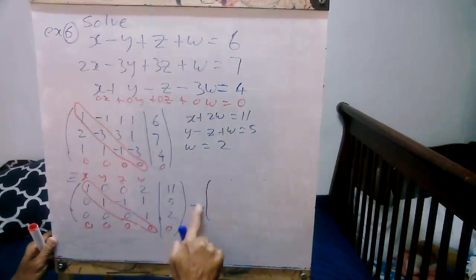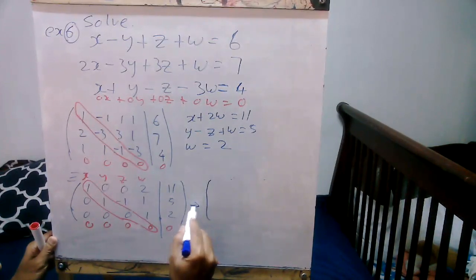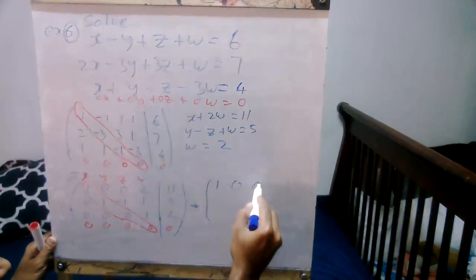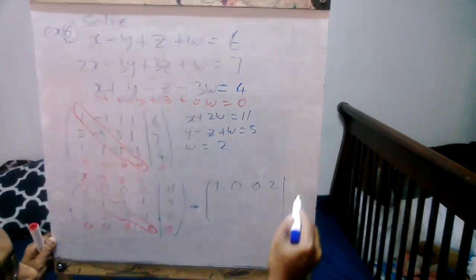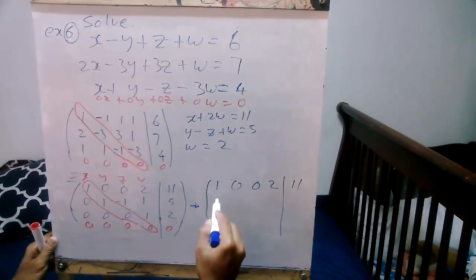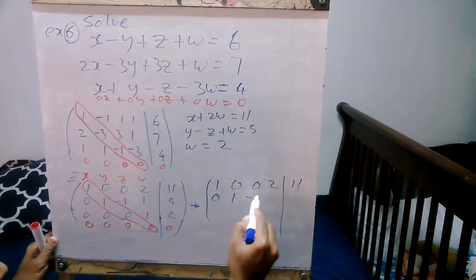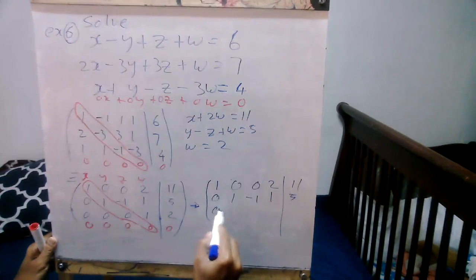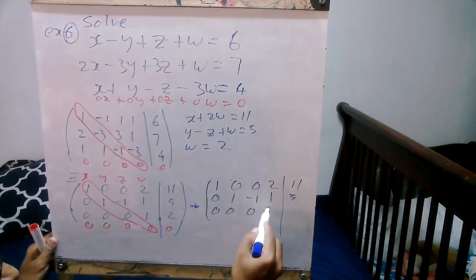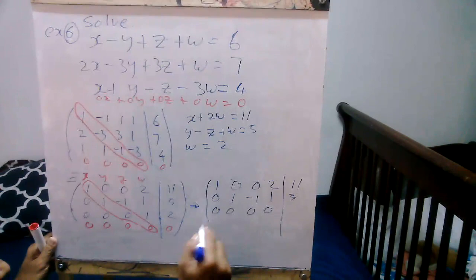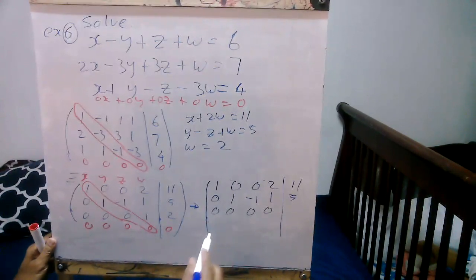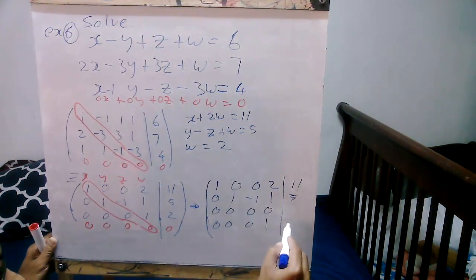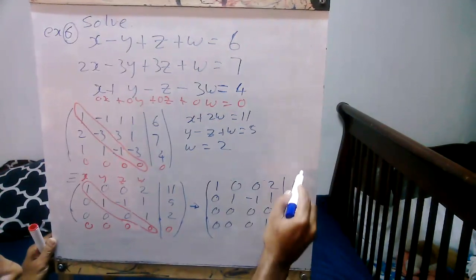But with w, we have 1 there. If we swap these 2 rows, I show you that we can write this as 1 0 0 2 11, 0 1 negative 1 1 5, 0 0 0 0, and we have 0 0 0 1 2 here, right?